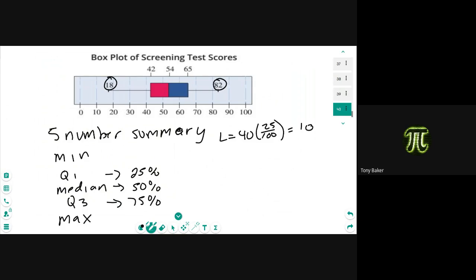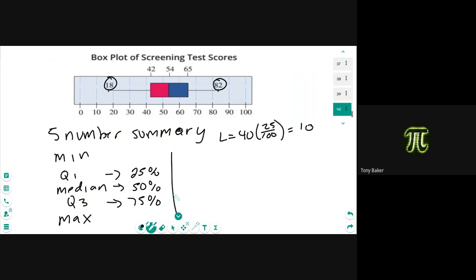So you don't have to do all this counting and everything else because we know how to find percentiles. You can find those 5 numbers quite easily. And then all it is is putting them on a number line. Yep. It's always the quartiles. It's the 4 quarters. 25, 50, 75, and the 100, and then 0 is min.